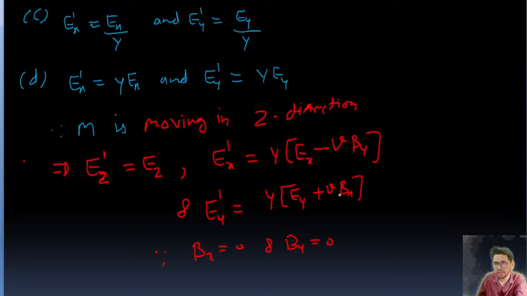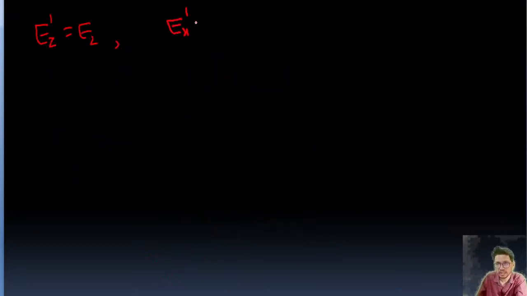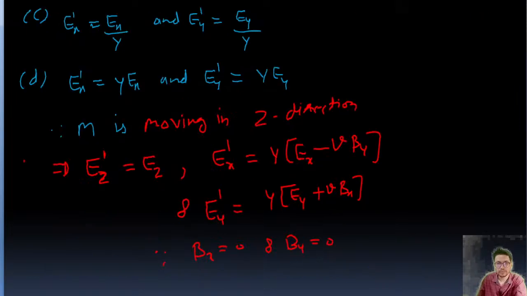This means Ez dash is Ez, and because Bx and By are 0, Ex dash is going to be gamma Ex and Ey dash is going to be gamma Ey. So which option is matching, guys? Here you can see option D is matching. Only two components are given in the option.